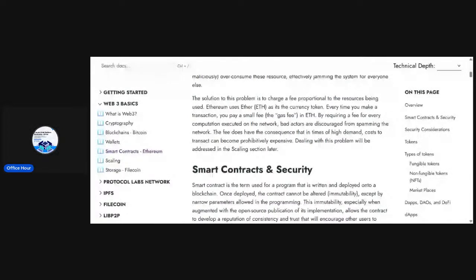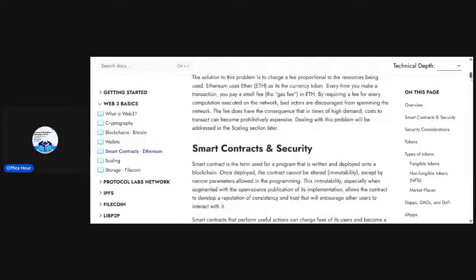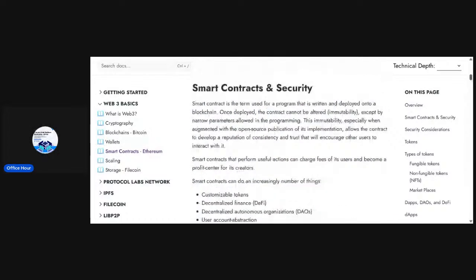We're still on what we're doing, trying to wrap up with smart contracts. So try to read this and get familiar with it. It talks about smart contract security.